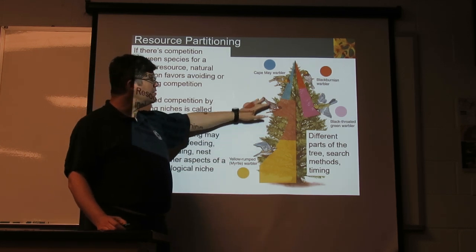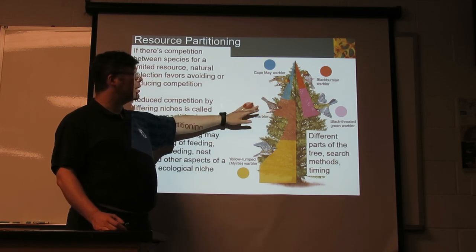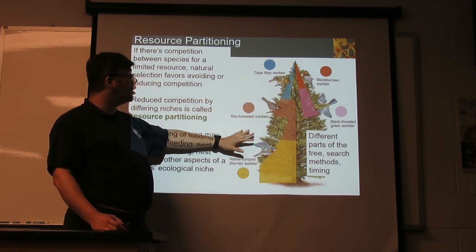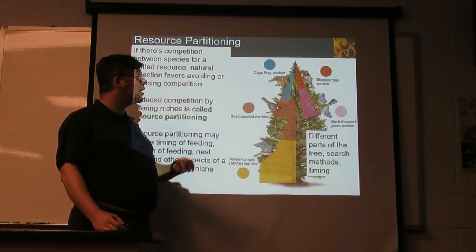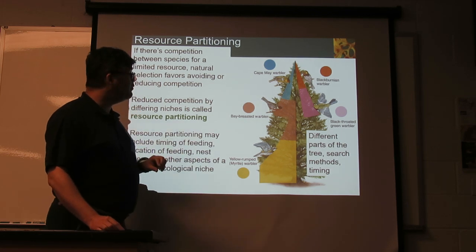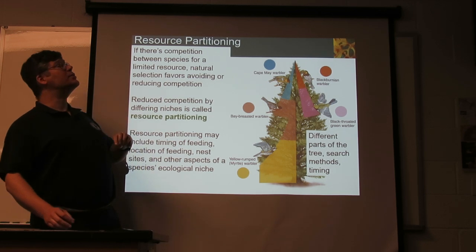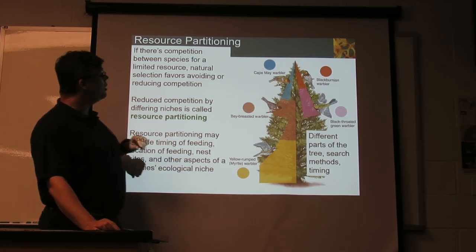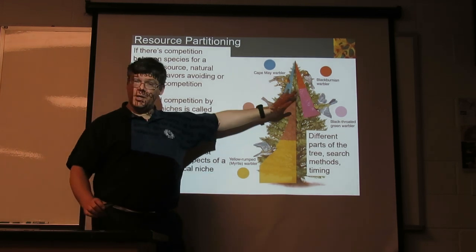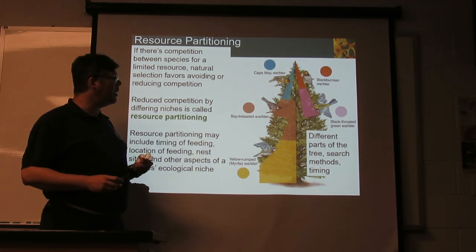Well, different species, as this picture illustrates, are focused on different parts of the tree. And also, even within that, you have variation. Do you hang out at the tips of the branches looking for those bugs out there? Do you crawl deeper into the tree, focusing on there?